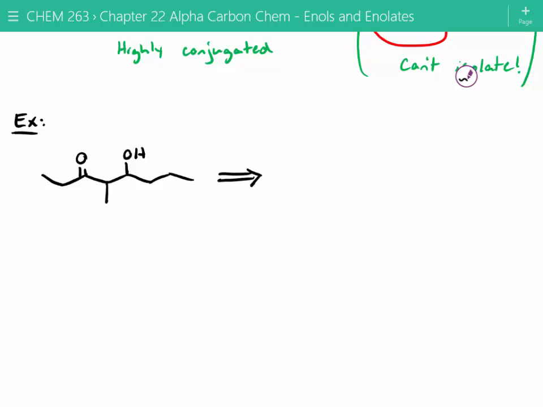And this time I want you guys to figure out what aldehydes or ketones you need for your starting material. And when we do retrosynthesis with these, what's a good starting point?